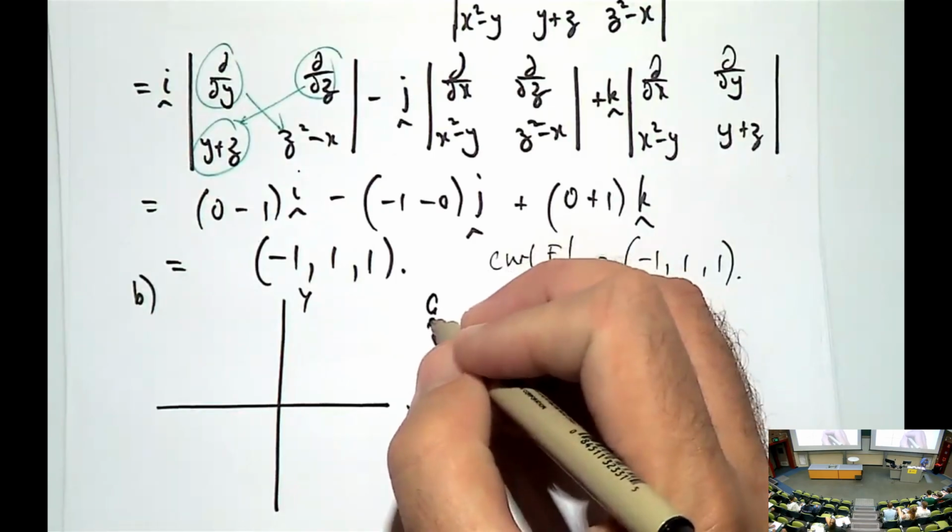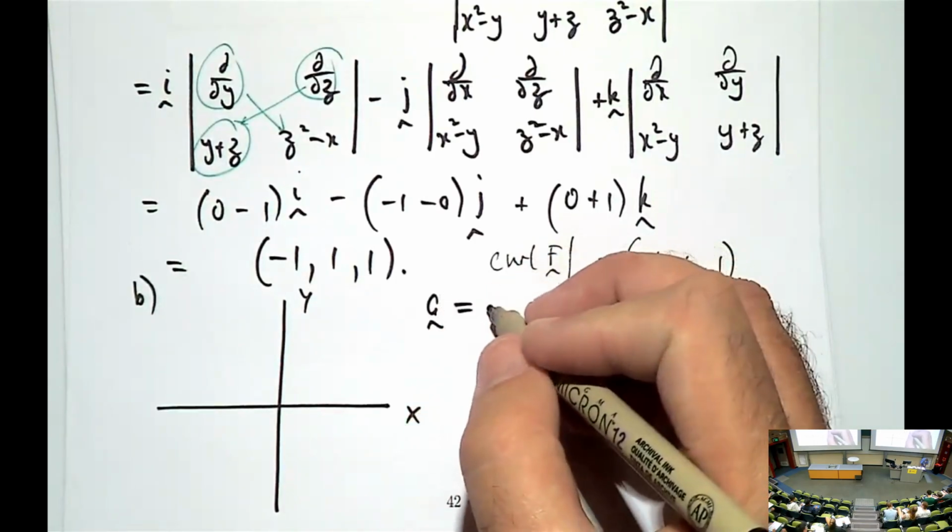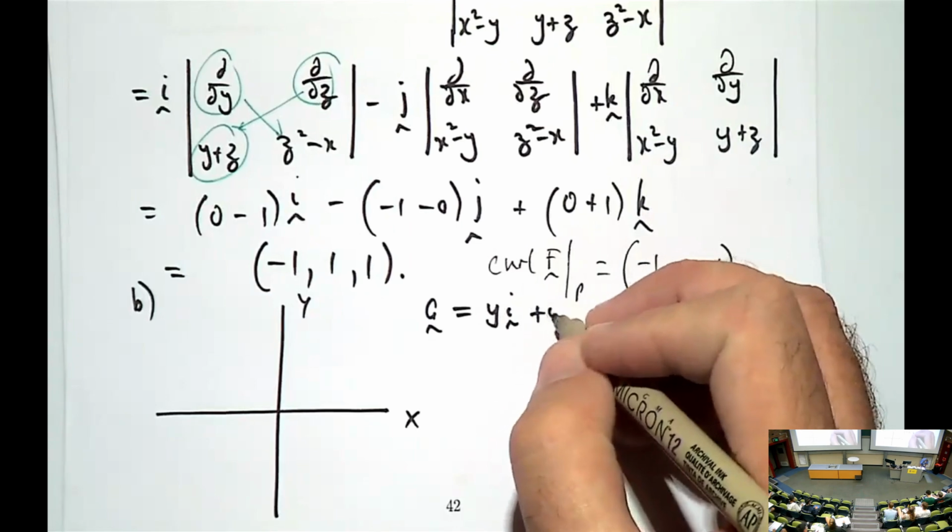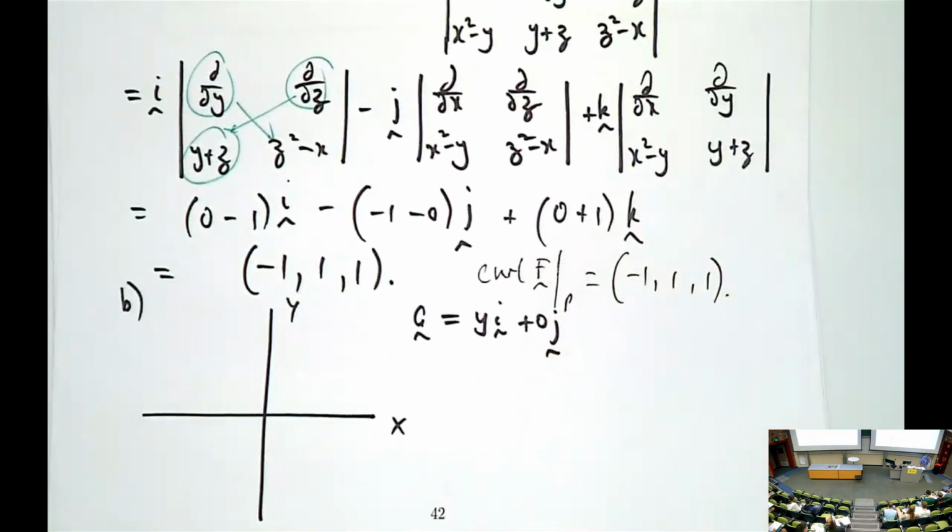Okay, so in this setting, G is y i plus 0 j. So if y is positive, what direction will all the vectors be pointing? They'll be all pointing horizontally, right, towards the positive. Oh, hang on, no. They'll be pointing up, won't they? Right? And if y is negative, they'll be pointing down.